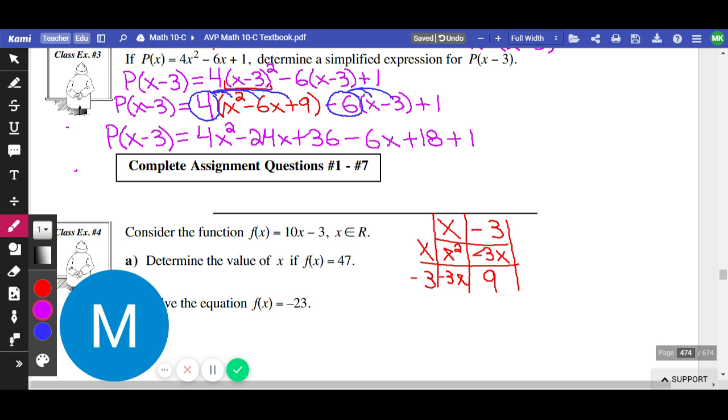I did my exponent expanding, then I did my coefficient expanding. After we expand, we collect any like terms we might have. Looking at this, we have some like terms, right? We start with our x squared. There's only one x squared, it's 4x squared. So my final answer is going to be right over here. I have 4x squared.